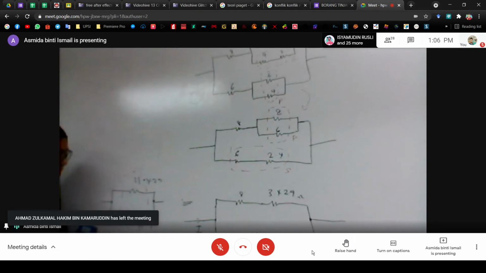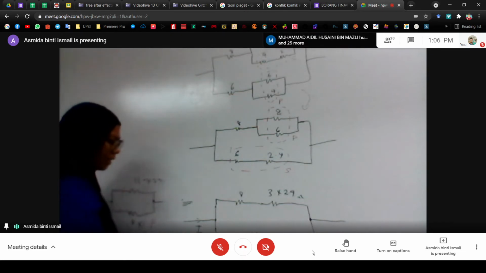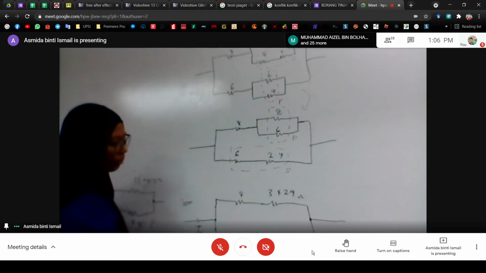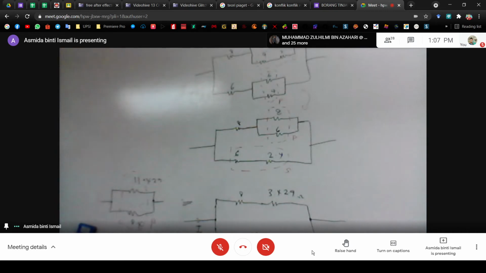So the total resistance RT is equal to 11.4 to 9 multiplied by 8.4 divided by 11.4 to 9 plus 8.4. So you akan dapat jawapan you adalah 4.841. Faham tak? Okay?